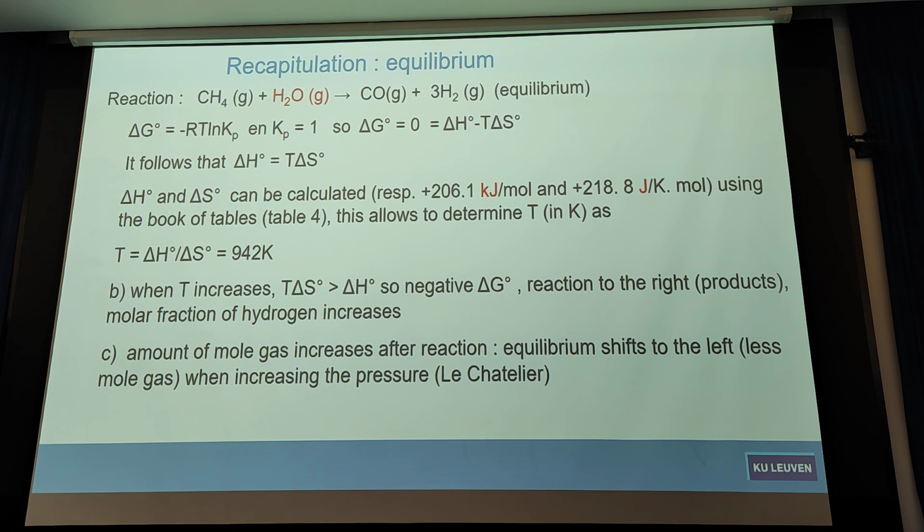And that means at that particular point, we have a compensation of the enthalpy term and the entropy term. So delta H has to be equal to T delta S. So it's now actually quite easy to calculate the temperature, because you just have to divide delta H standards by delta S standards. And those two things we can calculate.